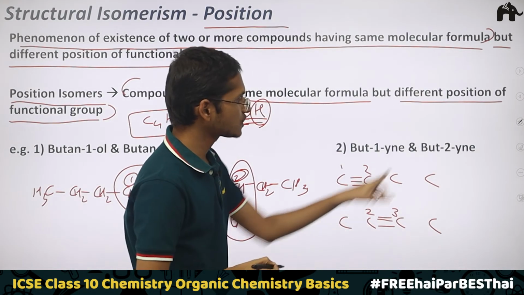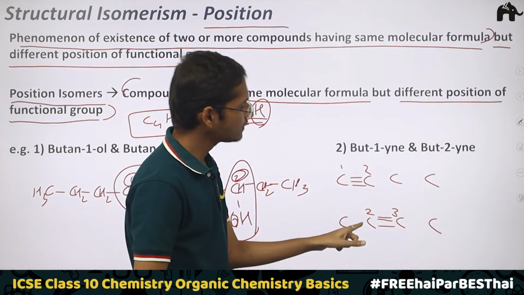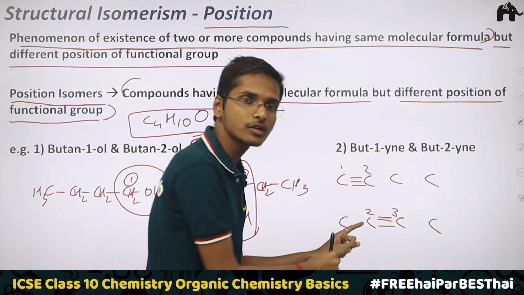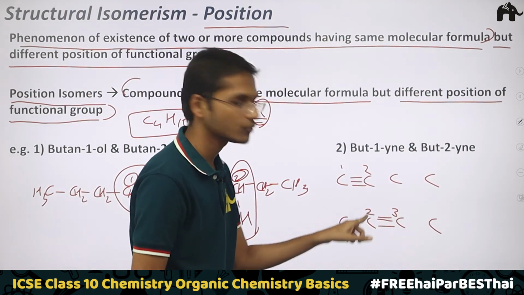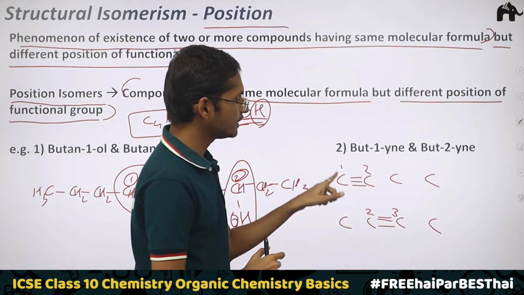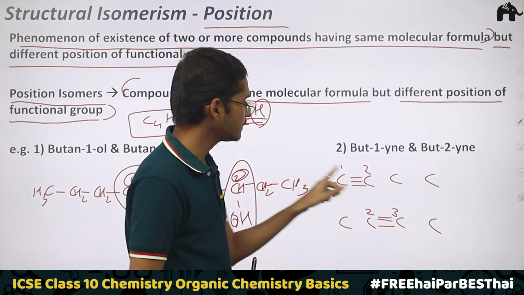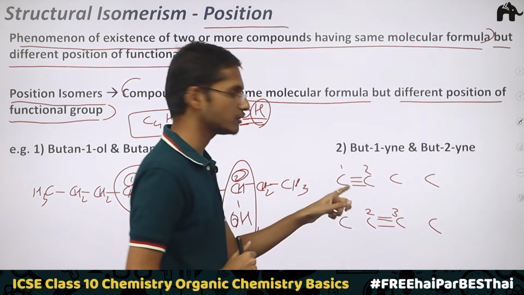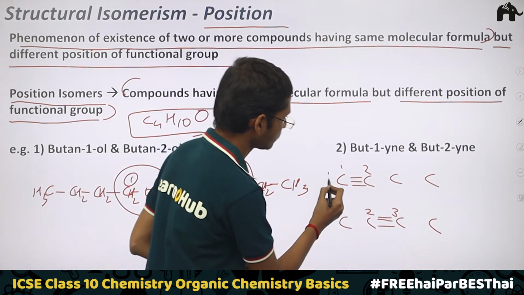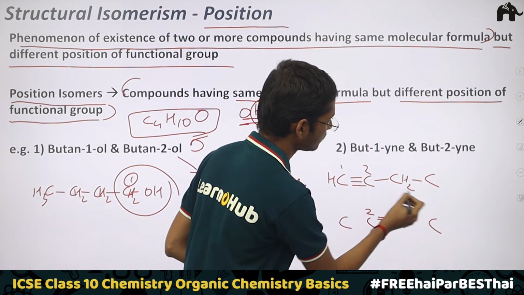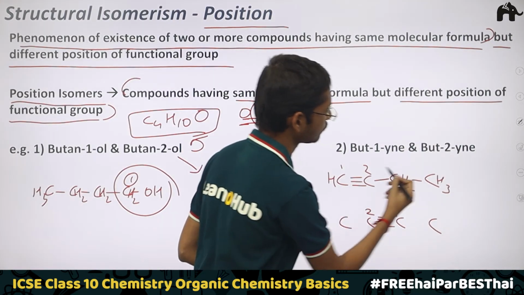In the first, the position is 1, and the bond is between the carbon having a higher number than 1, so 1 and 2.